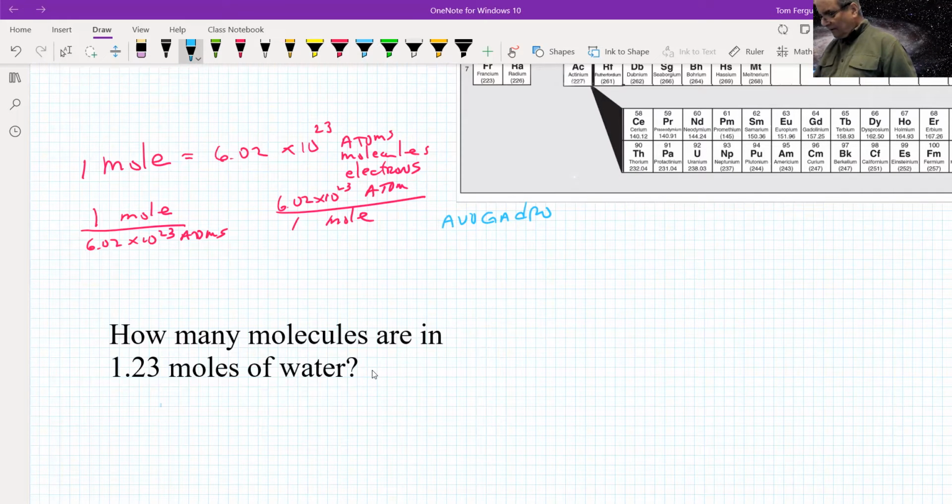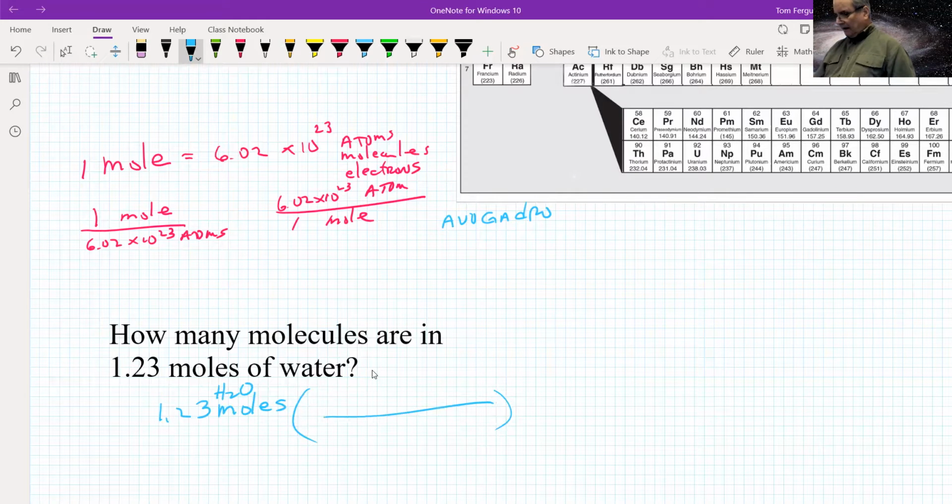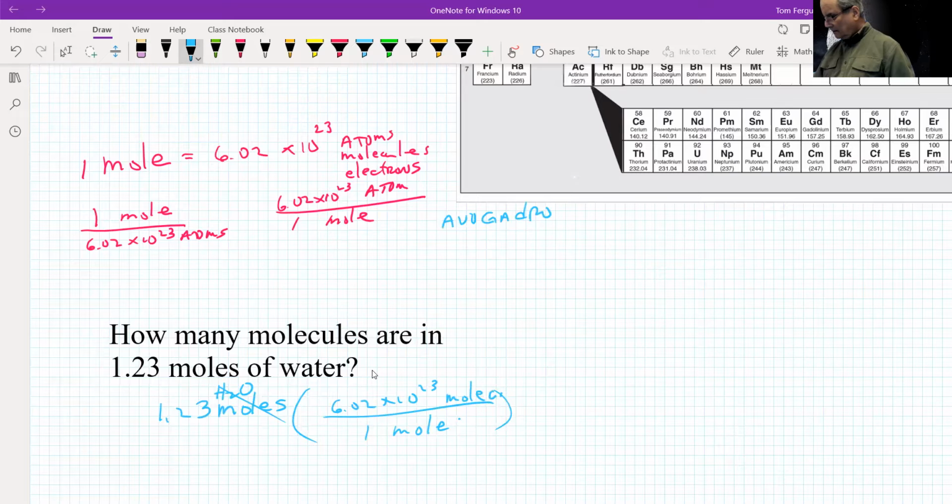Okay, so what we're given is 1.23 moles of water. And moles have got to cancel. Okay, so the moles cancel gives us the number of molecules, a one-step problem.